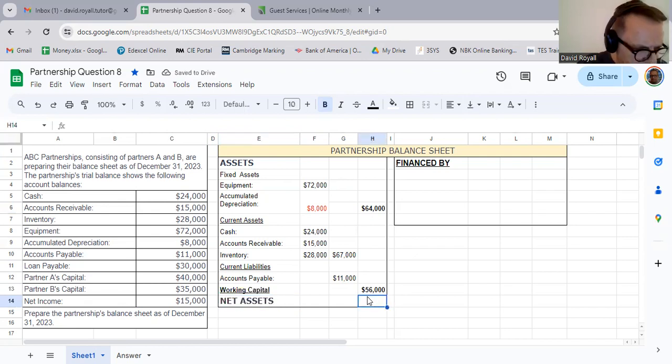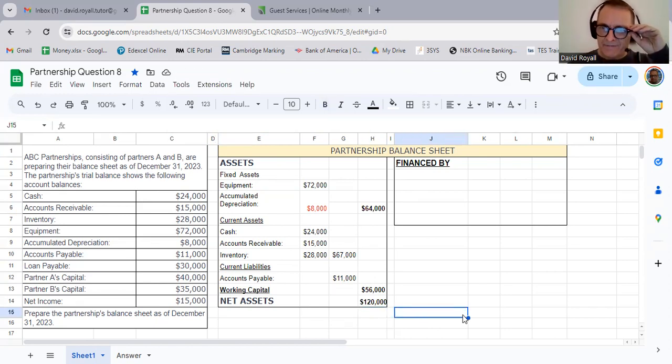Now, when you add the two together, lo and behold, we get our net assets. Now, that is the worth of the business after it's paid its immediate debt. That's what the business, technically speaking, should be worth.